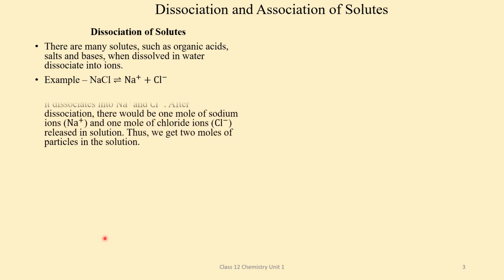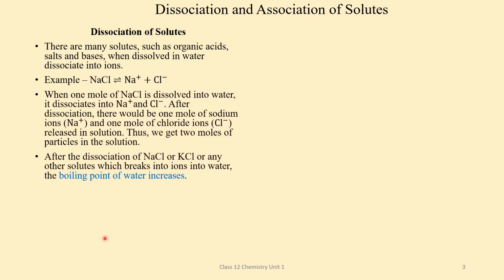For example, when 1 mole of NaCl is dissolved in water, it dissociates into Na+ and Cl-. After dissociation, there would be 1 mole of sodium and 1 mole of chloride ions released in the solution. Thus, we get 2 moles of particles.